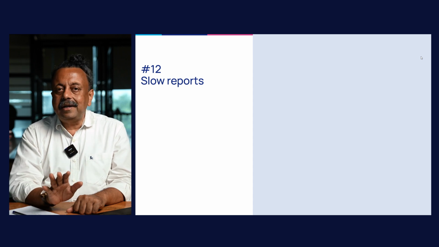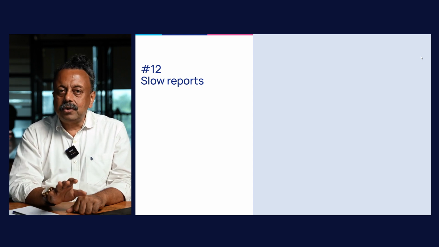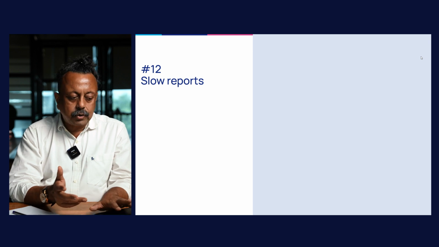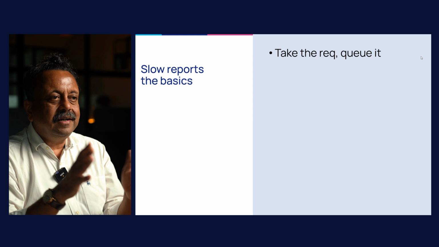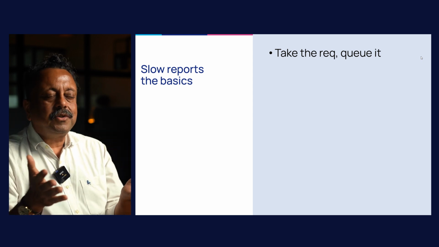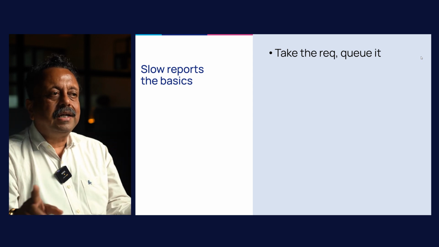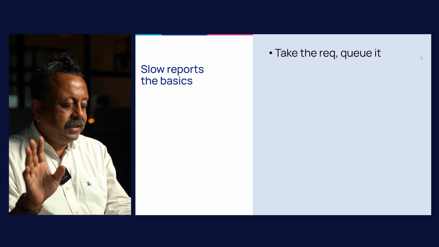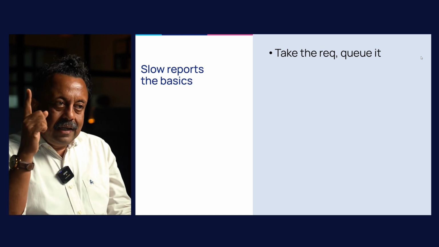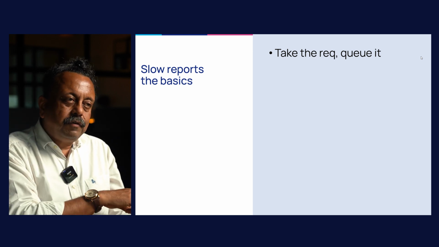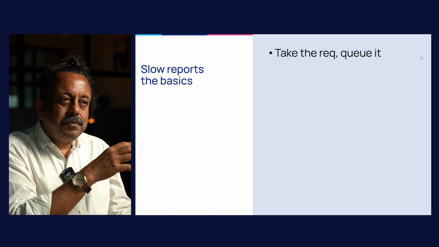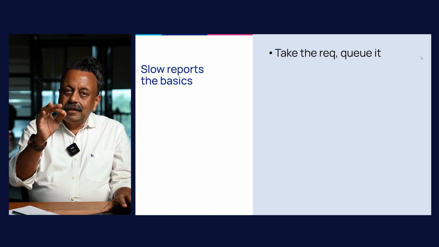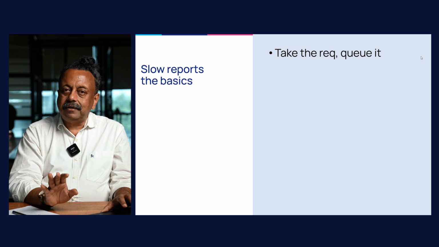So we call this category of problems slow queries or slow reports. What is the basic idea? Okay, the most basic idea is the front end makes a request to the server and the server queues it. The server does not attempt to execute it then and there. And then the server responds to the front end, which means the web service call immediately responds back saying, your request has been queued, come back later.